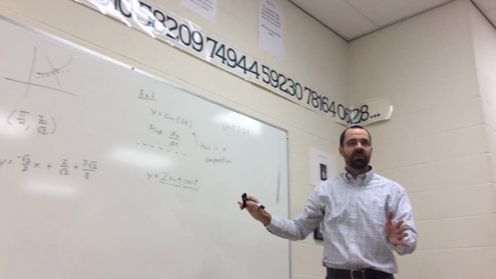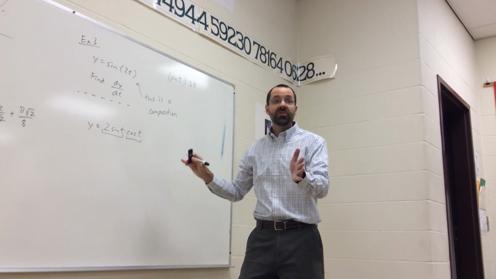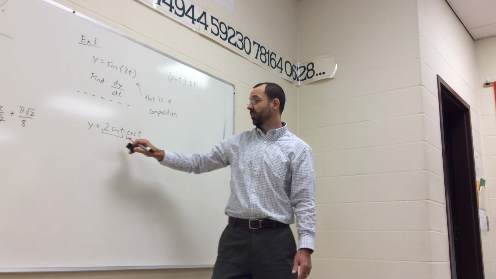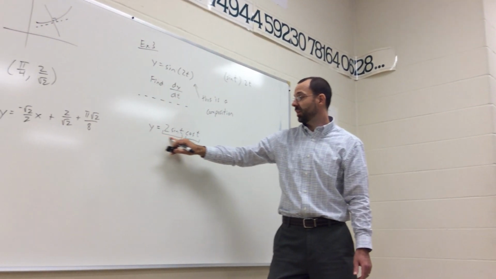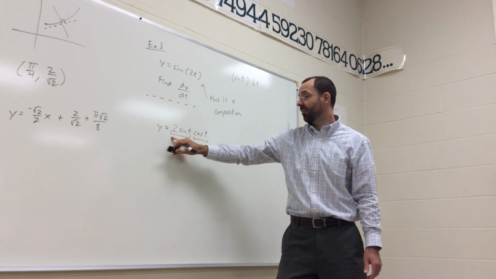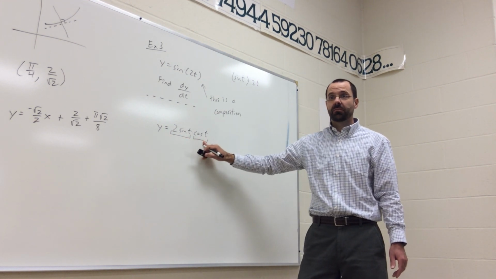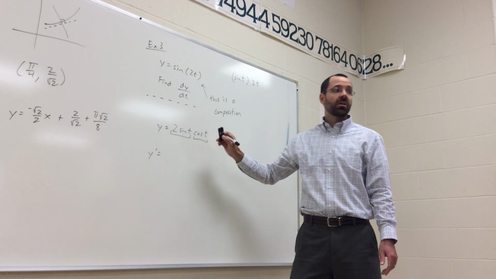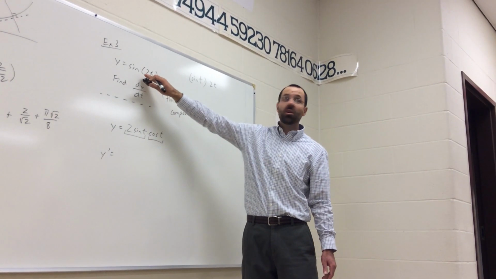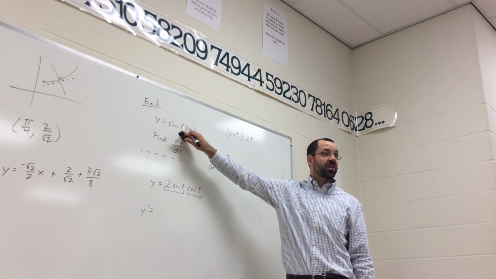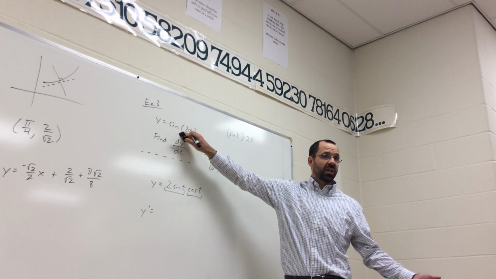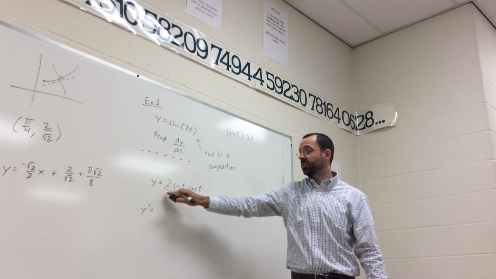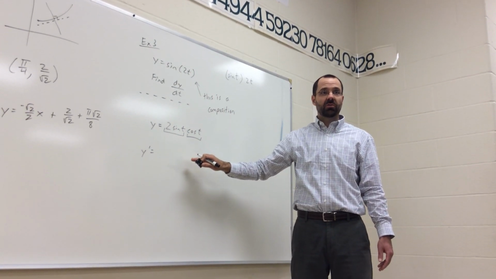So I haven't done a derivative yet, but I'm about to. And the way I'm going to do it is product rule, because we have this times this. So when we do the derivative of this mess, we can use product rule. We didn't know how to take the derivative of a composition yet. That's for next week. So I decided to rewrite it, and now we're going to use product rule.